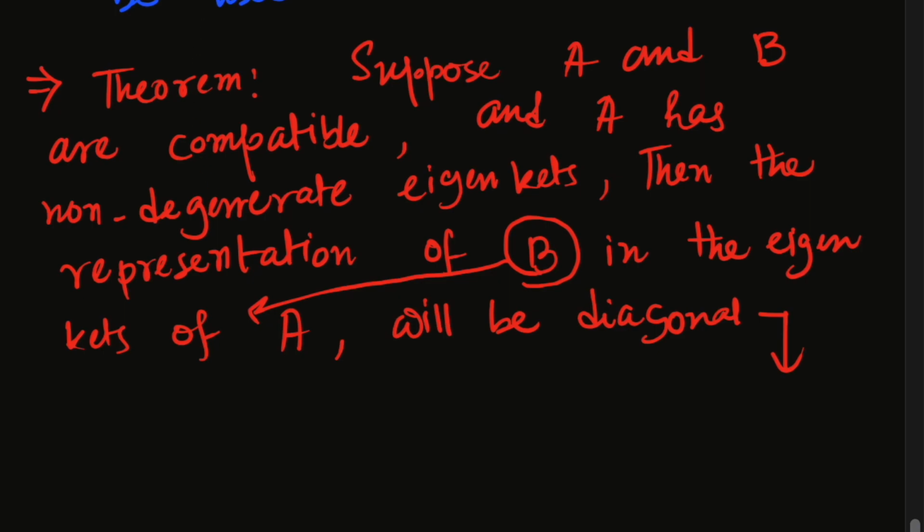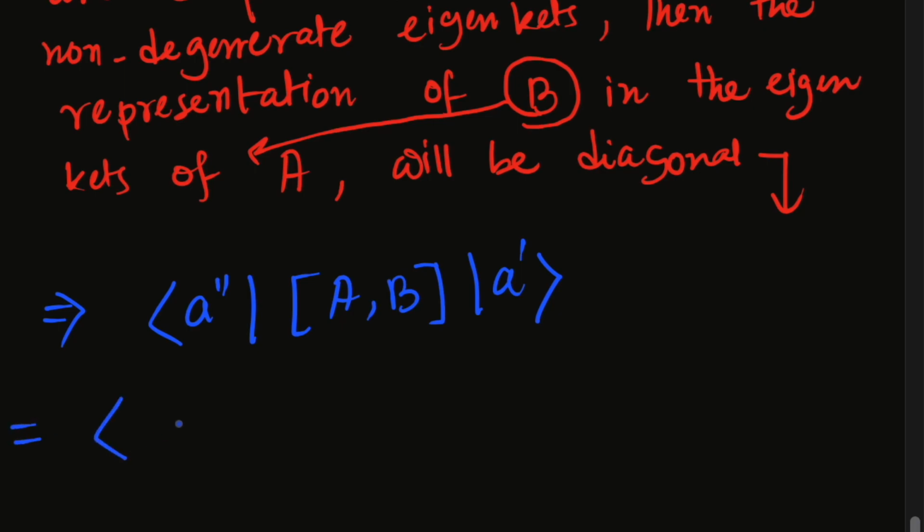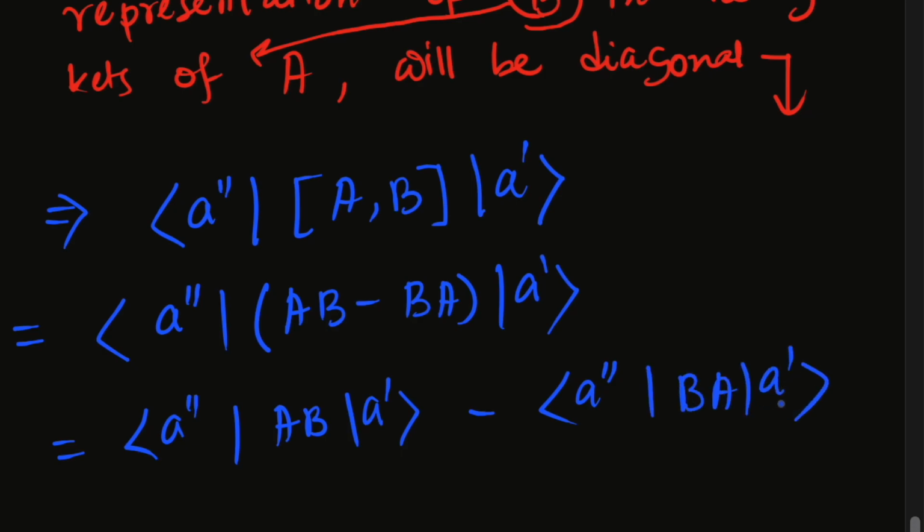Now we are going to prove the theorem. Suppose that A prime and A double prime are two eigenstates of A, then <A double prime|[A,B]|A prime> will be <A double prime|AB - BA|A prime>, that will be <A double prime|AB|A prime> minus <A double prime|BA|A prime>.